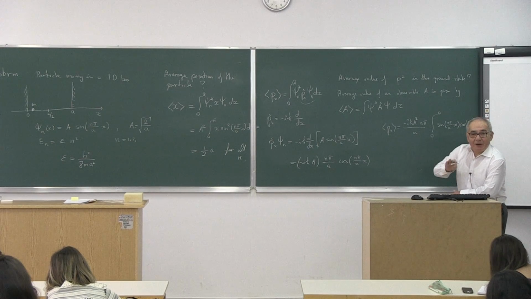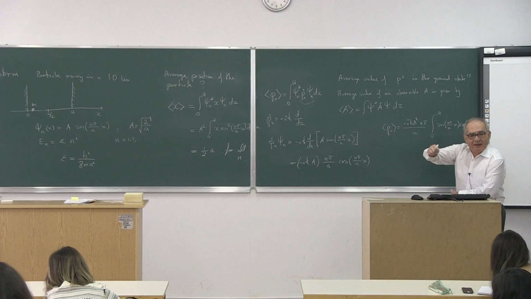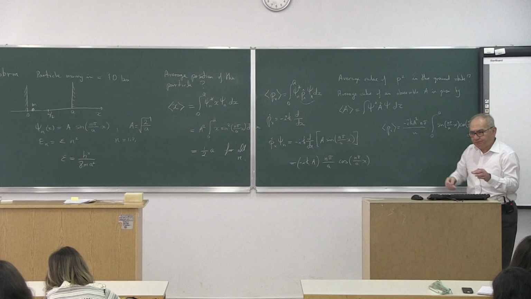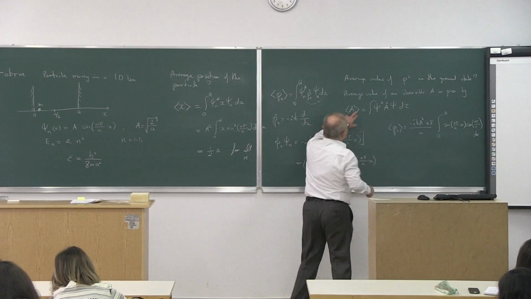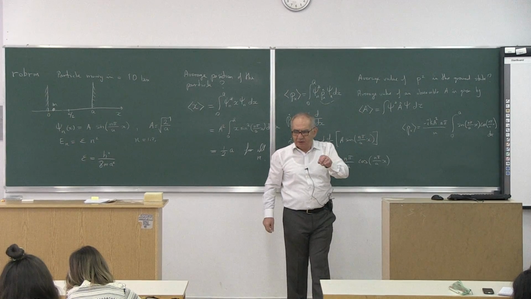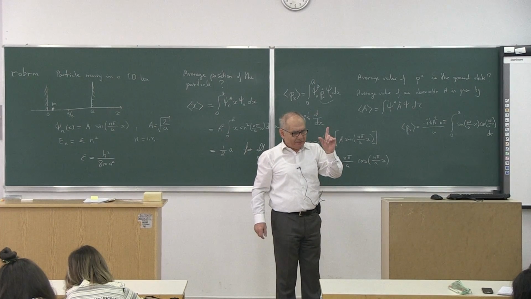Okay, now suppose you did not know that the answer should be 0, all right? But what do we know? Average value of any observable must be a real number.